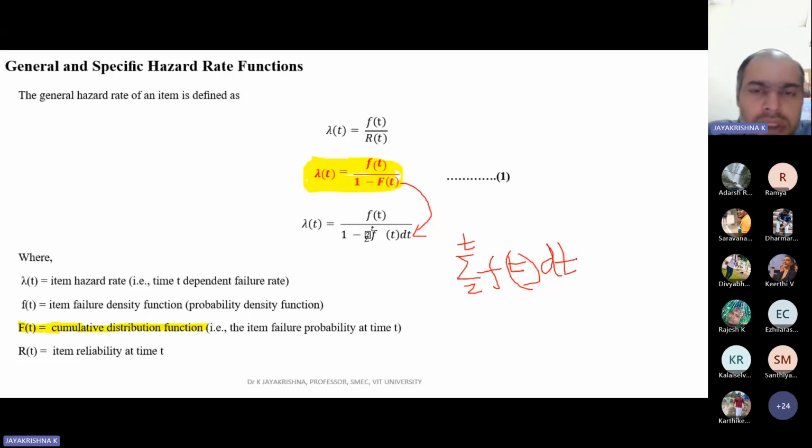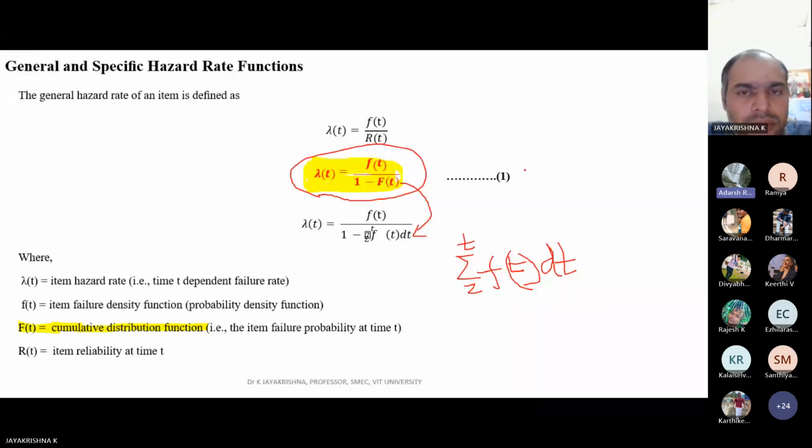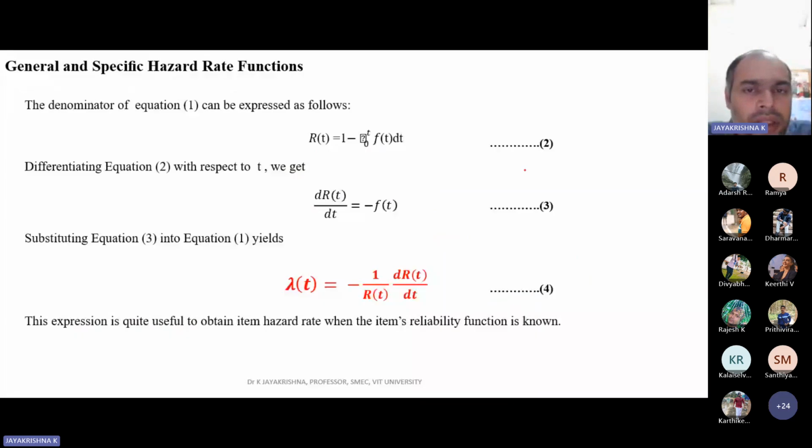Just note down this formula alone, in case you want to calculate the hazard rate. Have you noted down the formula? Done, sir. Okay.